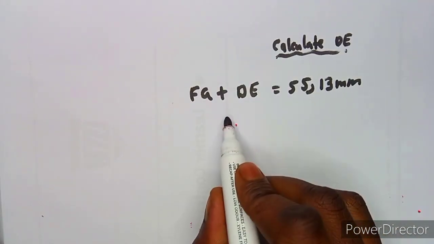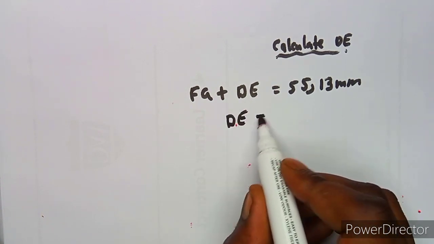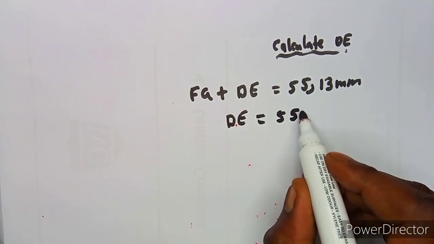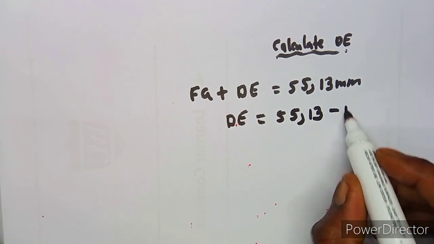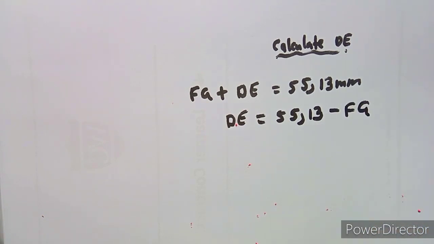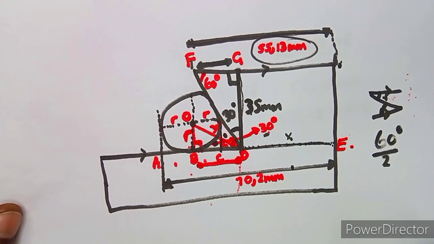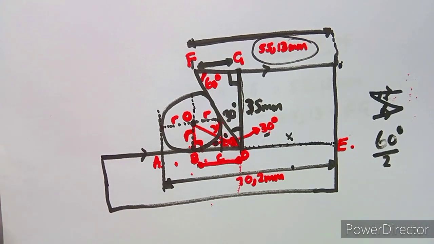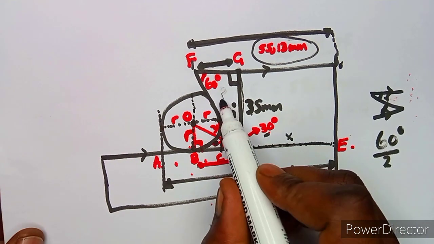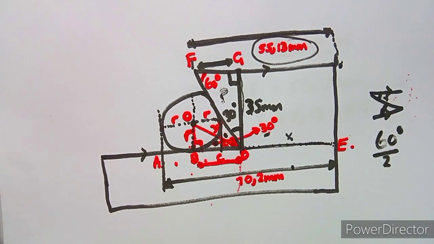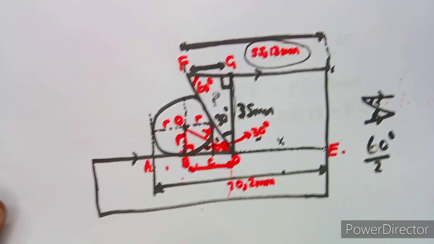So DE is equal to 55.13 minus FG. But we do not have FG, guys. That's another story again. Where can we obtain our FG? We're going to use this triangle here.